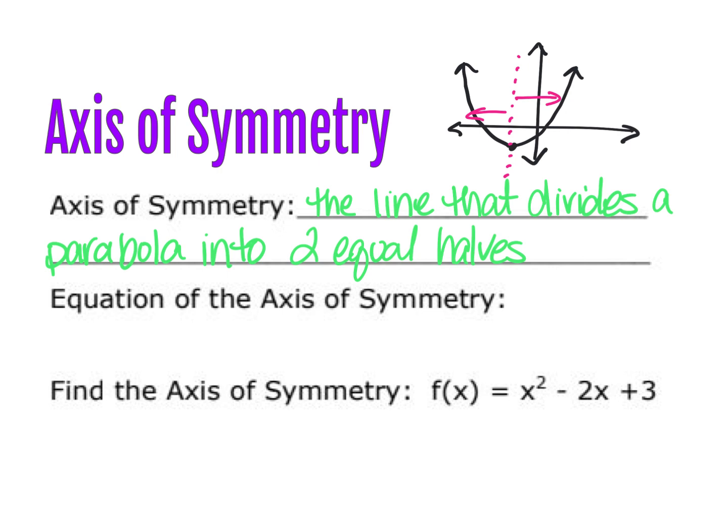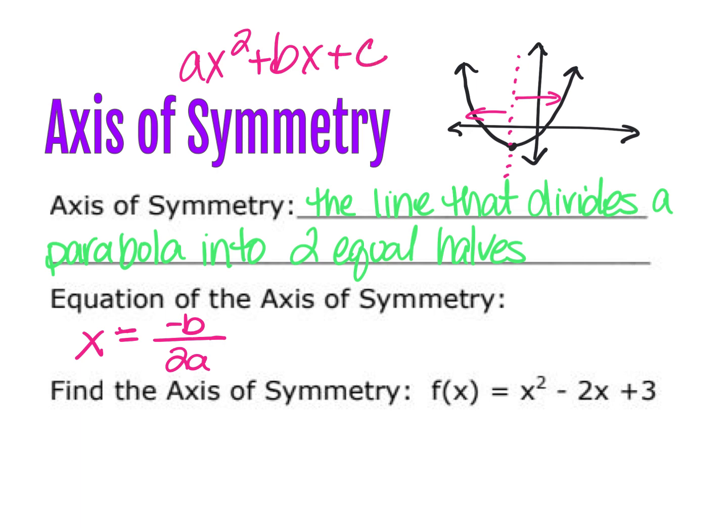It would be the same distance on both sides. So if we're going to be finding our axis of symmetry, we need the x value. What we're going to do is use a formula: x equals negative b over 2 times a. Remember, going back to standard form, ax squared plus bx plus c, we're pulling those values from the equation.